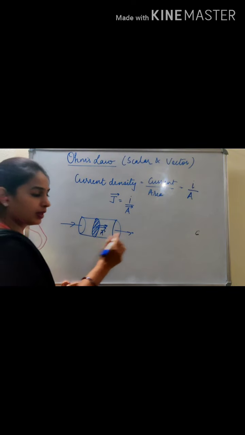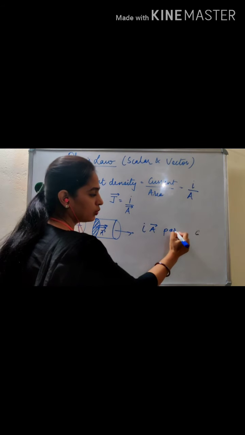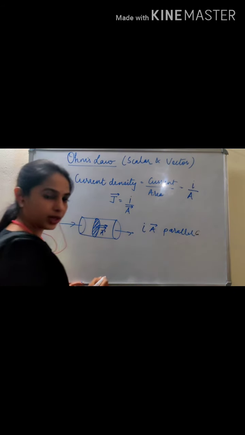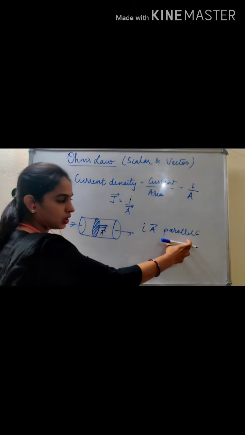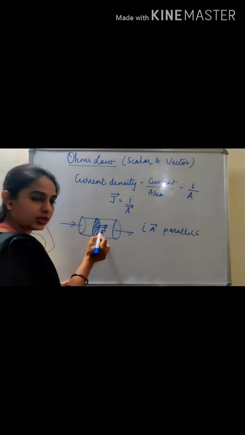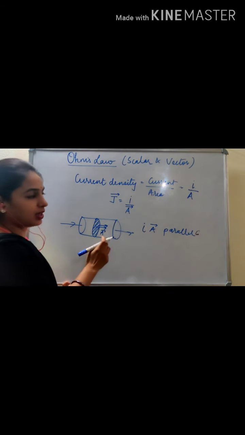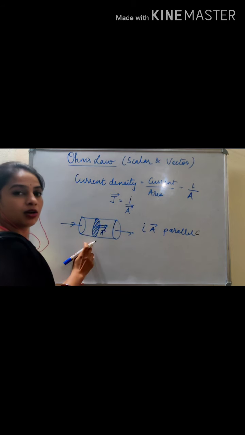So here the current and the area vector should be parallel to each other, and then from here we can find the current density.